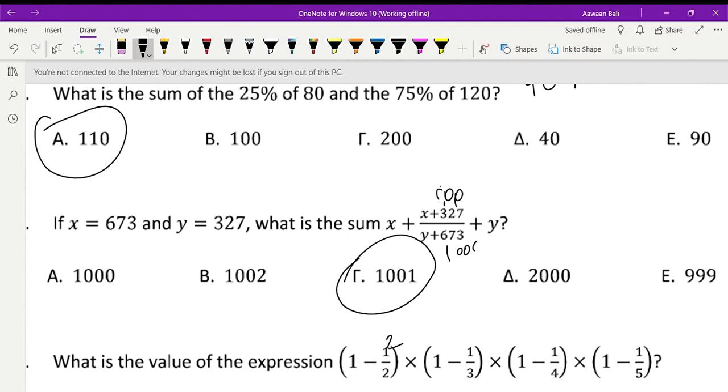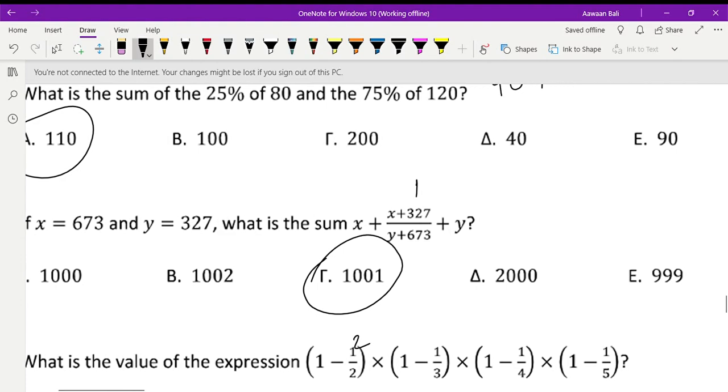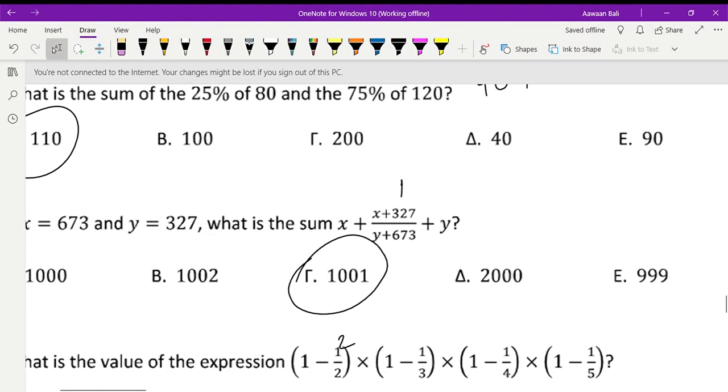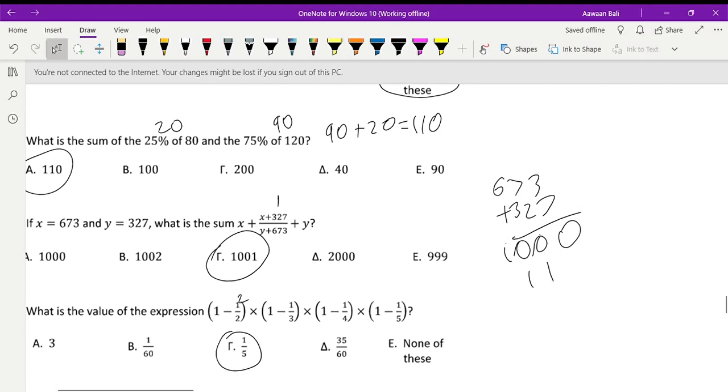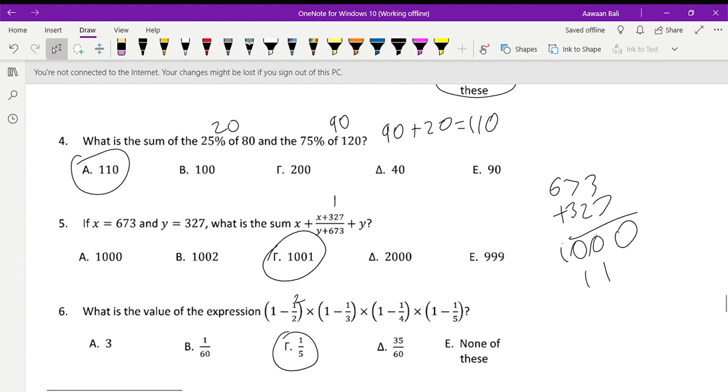You could have already worked out that these will be the same sum, because 673 is x and 327 is y, so you can cancel them with each other. You're not actually canceling them out, you're just dividing. 1000 divided by 1000 is 1, so that part is 1. And now x plus y is 1000, so 1000 plus 1 is 1001, therefore your answer is gamma.